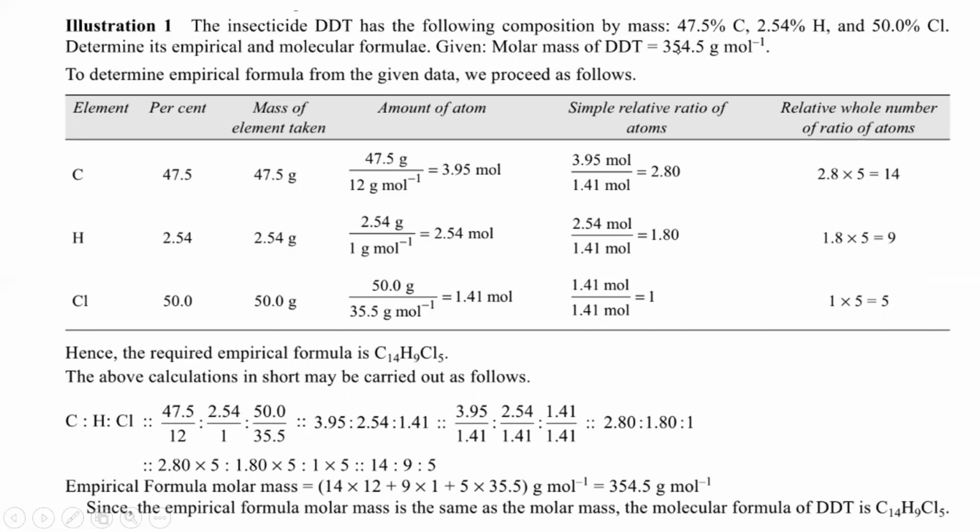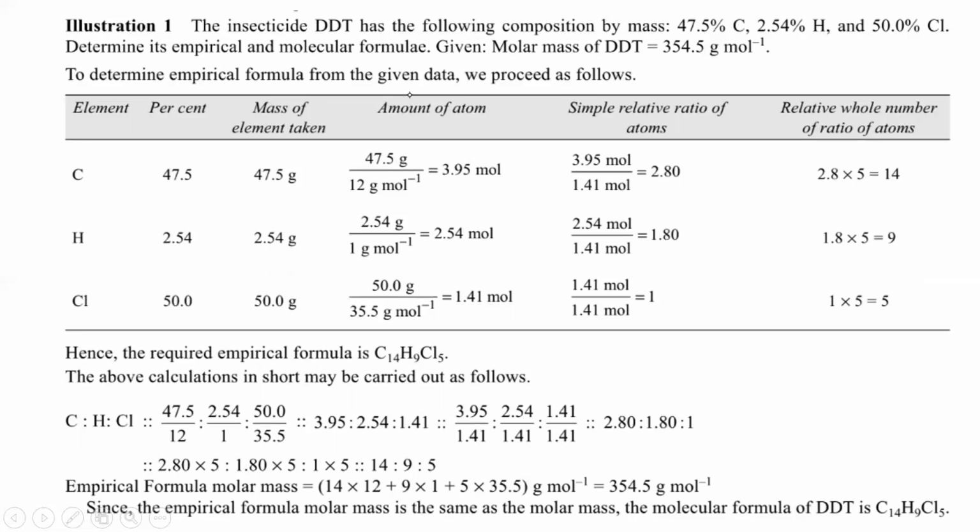So how to find it? Coming to the first rule: first find the simplest ratio of all the elements in the compound. Before the simplest ratio, you have to find the relative amount of atoms. First, carbon is 47.5, so it is taken as 47.5 grams. The amount of carbon in that molecule is 47.5 divided by 12 grams per mole, because the atomic mass of carbon is 12.